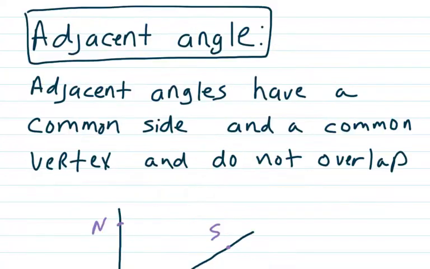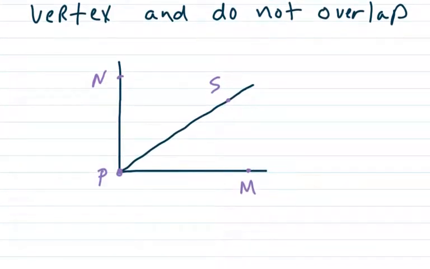Now let's continue on looking at vocabulary, because we are going to be talking about measuring angles in 2 lessons from now. Our first vocabulary word: adjacent angles. Adjacent angles have a common side and a common vertex and do not overlap. You remember, adjacent angles are right next to each other.